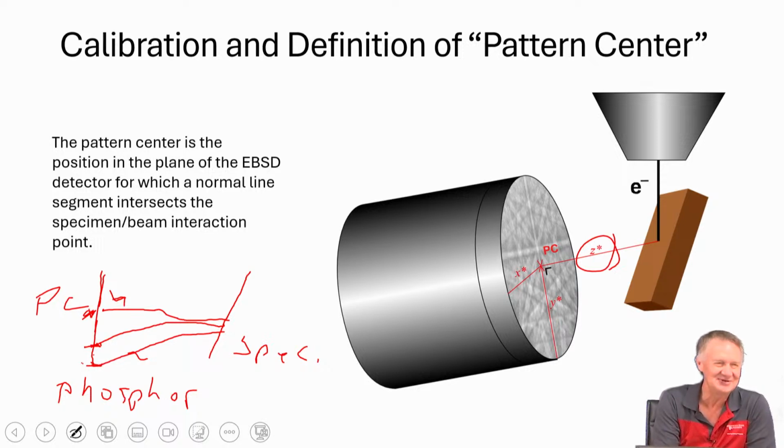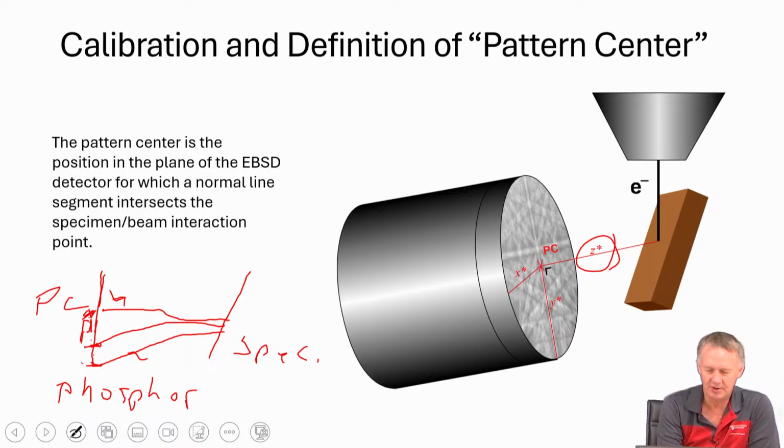Those are going to be known because we know that the pattern center position is normal to the specimen, and we know what that distance is. So Z star is known, we know this point, and then we can measure what this distance is between the pattern center and the edge of the Kikuchi band.